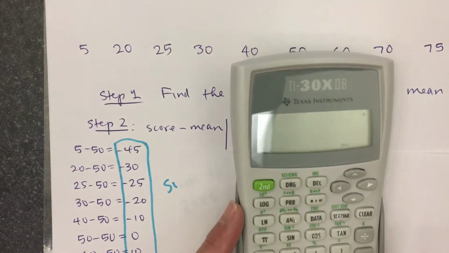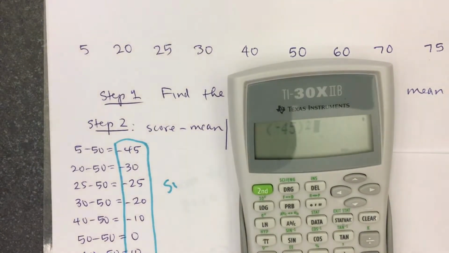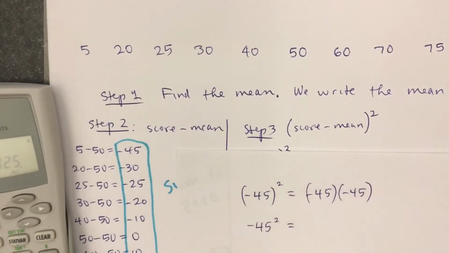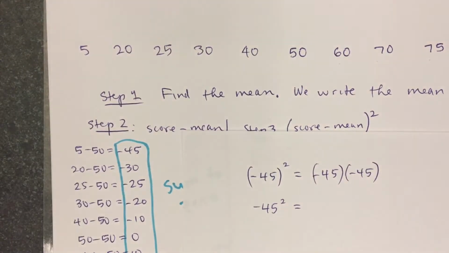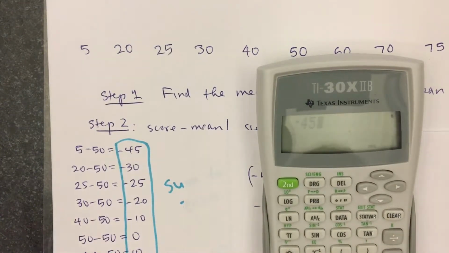In my calculator, parentheses, -45, close parentheses, hit the x squared key, and I get positive. Now, if you do the problem like this, -45 squared, you are not going to get a positive number. I'll show you that on the calculator. -45, no parentheses squared, is -2025. And for what I typed in, that is correct, but I didn't type in the correct thing.